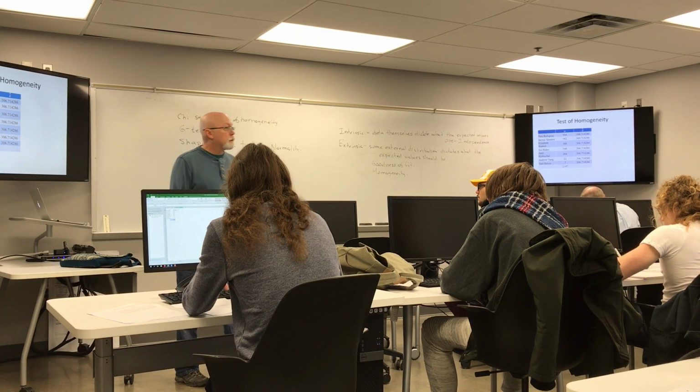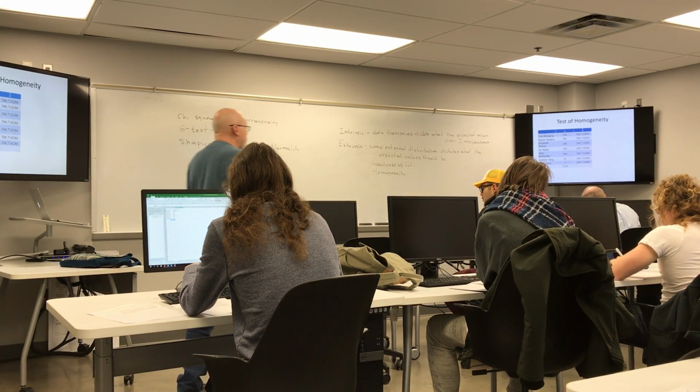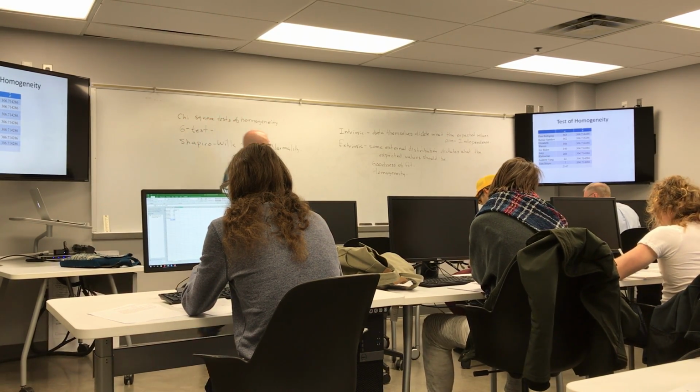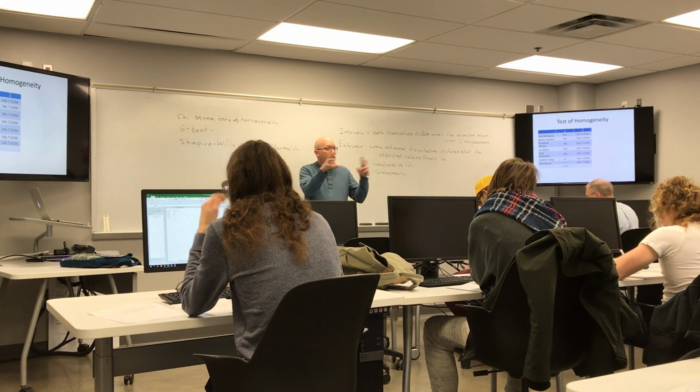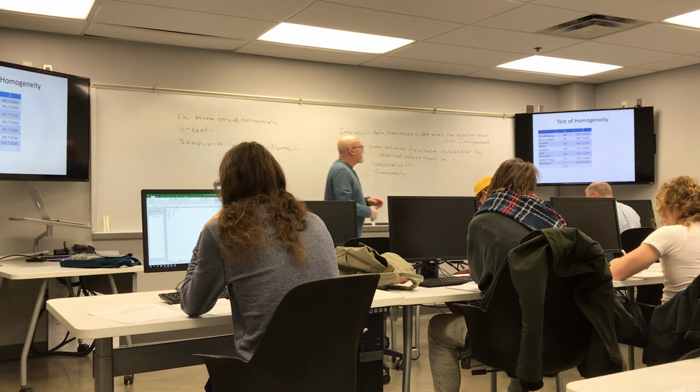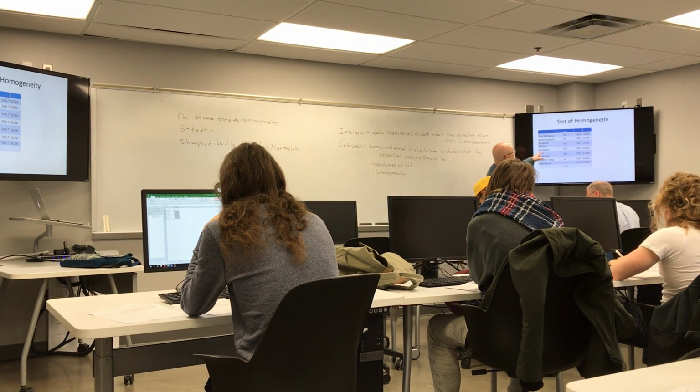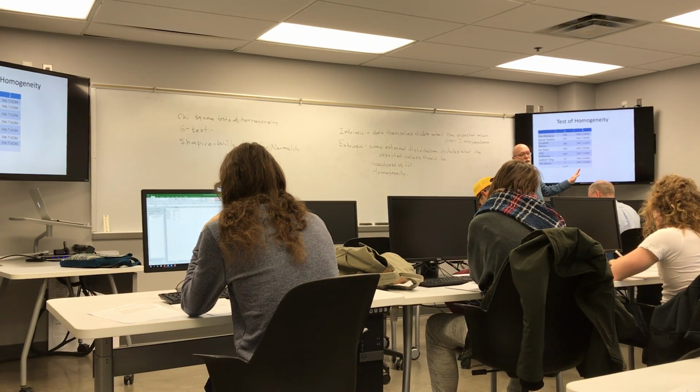Grace? So for a test of homogeneity, your expected values will all be the same. They will all be the same. Okay. Because that's what you're testing. Are these numbers different enough from what you would expect if there was no preference? Okay.